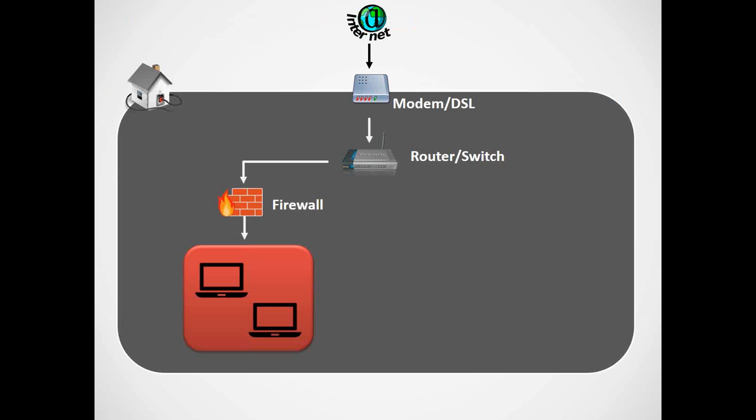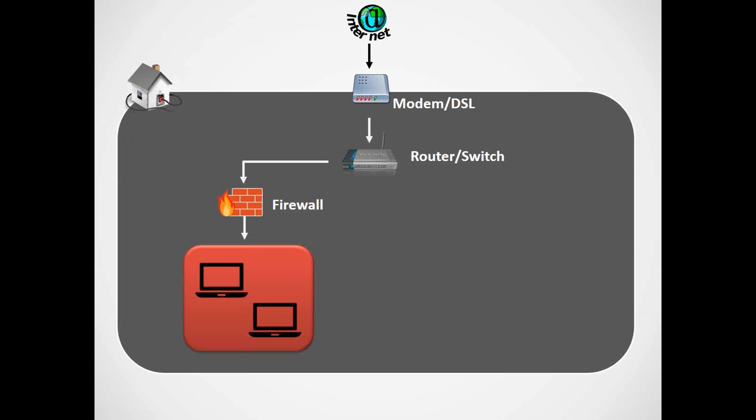So how exactly does the network work? The private network that you have in your house has the internet, and from the internet you have the modem or DSL, from which you route the traffic. Further, from the modem you pass the traffic to the router or the switch, using which you will be able to access.